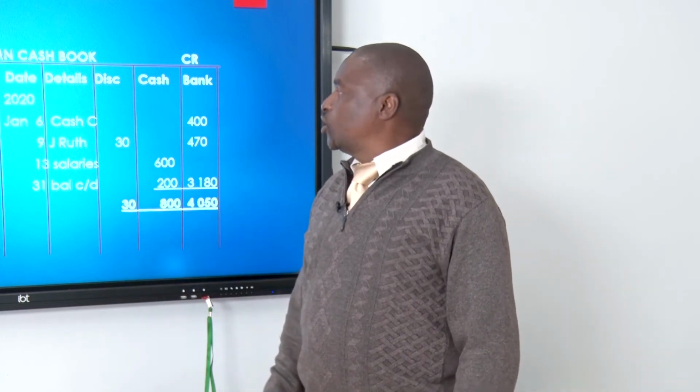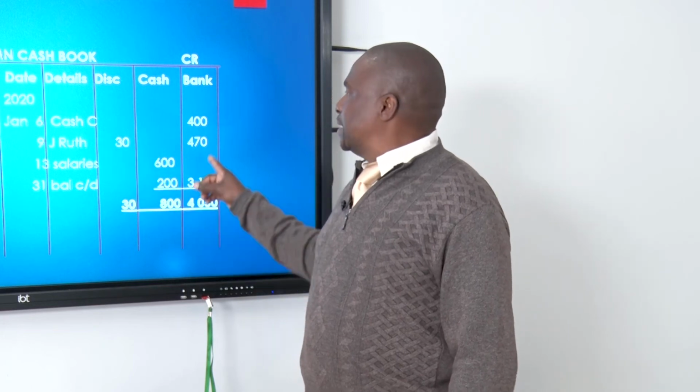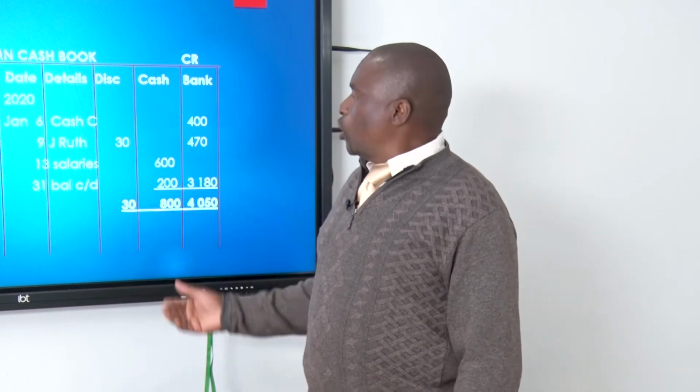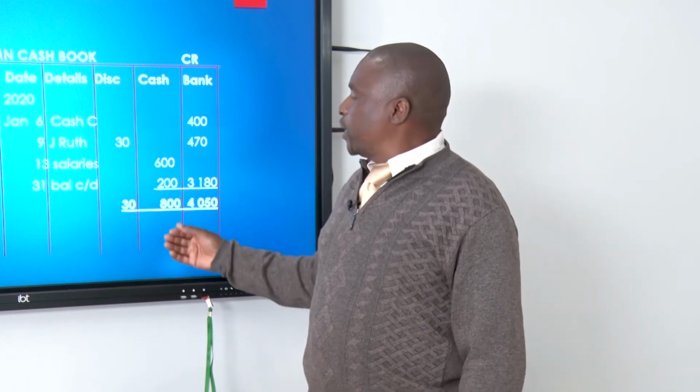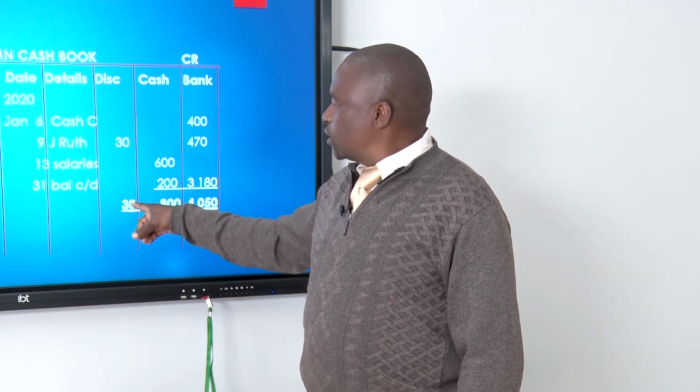Right, let's look at J. Ruth. We have J. Ruth, to whom we paid $470, but the discount was $30. So looking at this, we can see that the discount column, we add the totals, is just 30, and the discount allowed is 50.